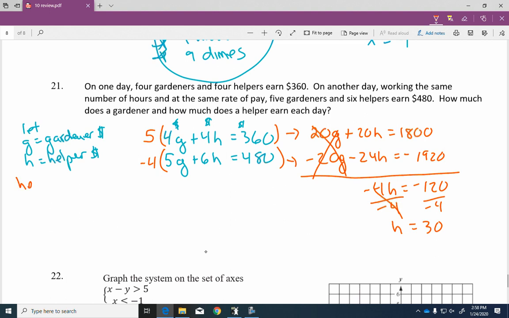a helper earns $30. And then I substitute that number into one of the equations to find out what a gardener earns. I'll use the top equation.